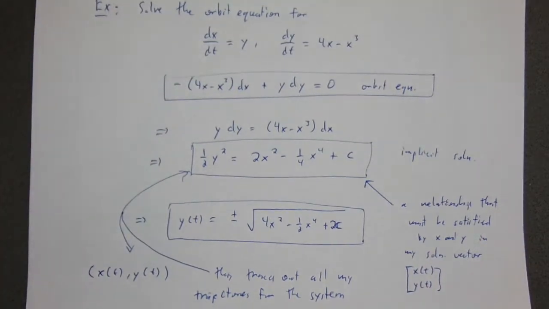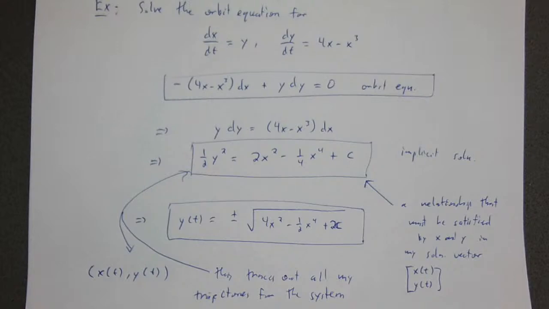You might say, well, the trajectories of the system, those are my solution curves, those are my solution paths. So really, this gives me a complete description, and we're going to do exactly this example later to see what this looks like. It gives me a plot of every trajectory curve, every orbit in the plane, for this system.